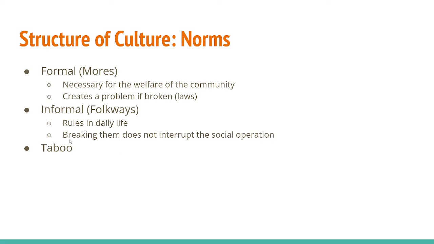They are basically the rules of the society. And formal ones are deemed necessary for the welfare of the community. These are the ones that you cannot ignore. These are the ones that help the society run, and it creates a problem if you break them, which basically means they are written laws.